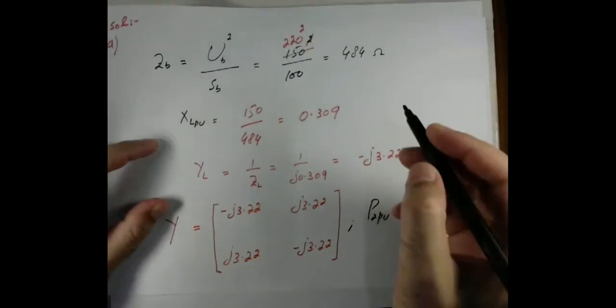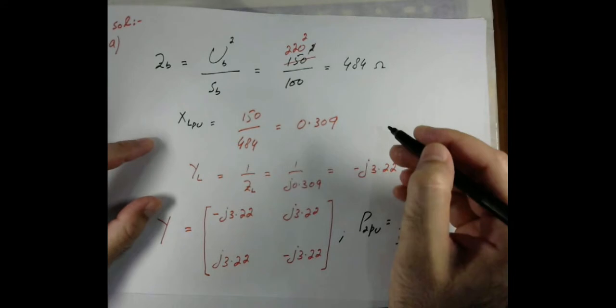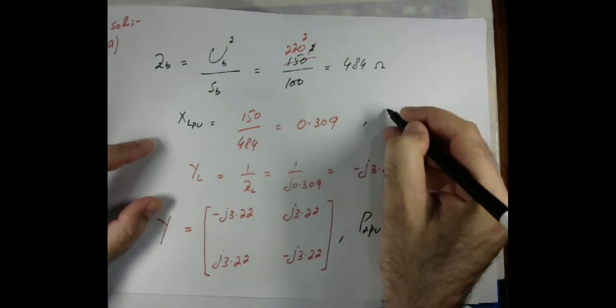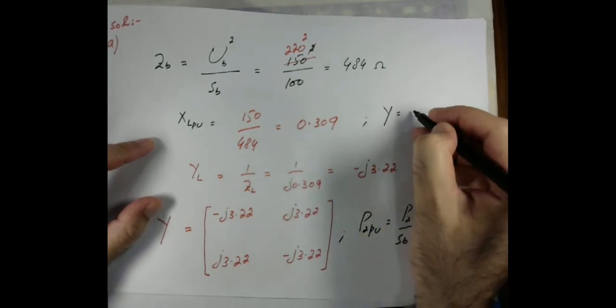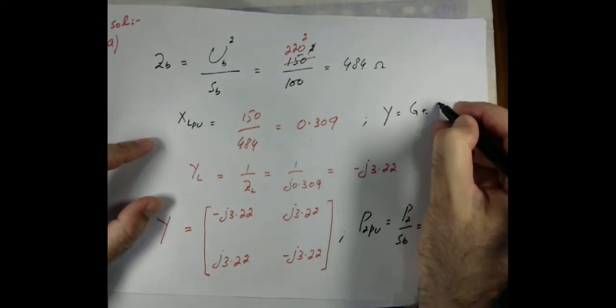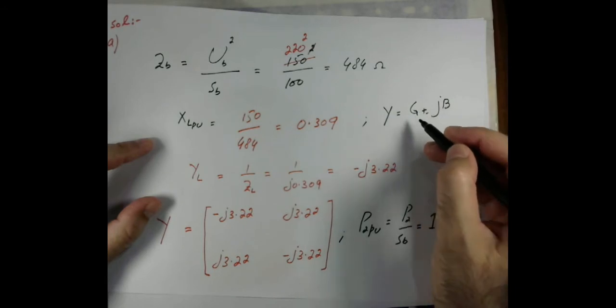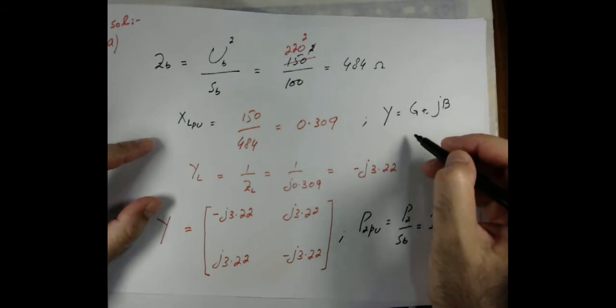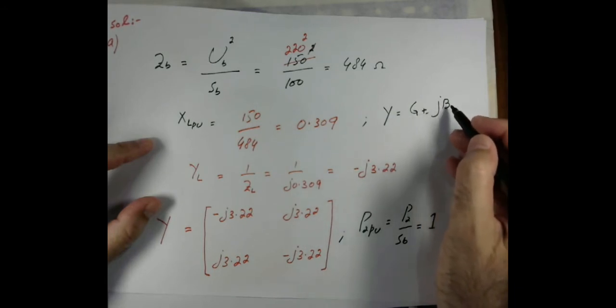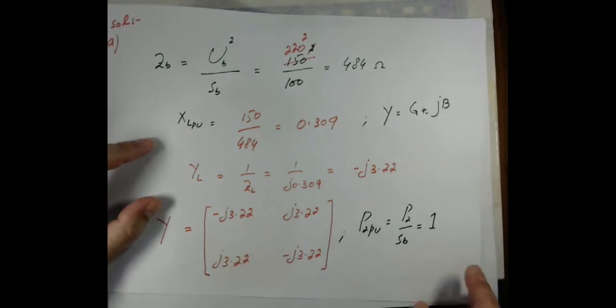As we know that the admittance has only susceptance, because you know that Y is equal to G plus or minus JB. This is the susceptance, this is the conductance. As the conductance is 0, we have only susceptance of the transmission line.